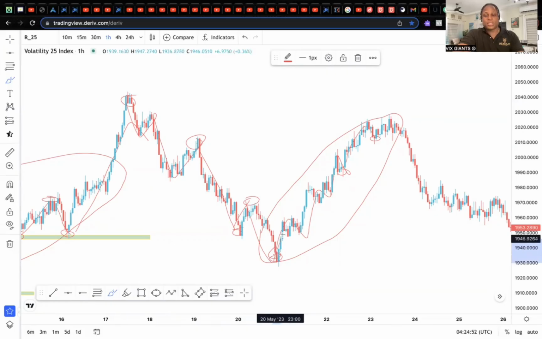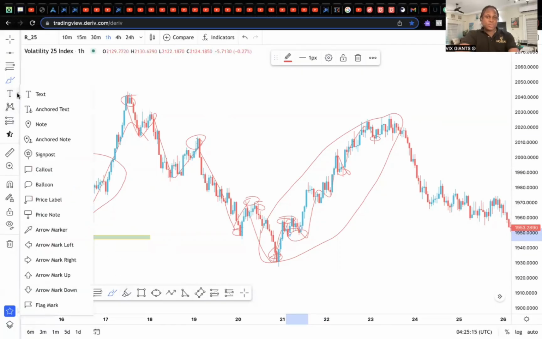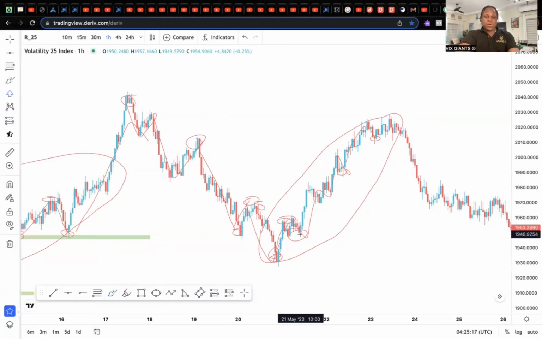What happened next? The market pushed up, creating a lower high, right? A lower high right here, because it's actually lower than this previous high. But what? We started creating higher low points. So that's a sign. The higher low that we created right here is a sign of buyers wanting to take over.